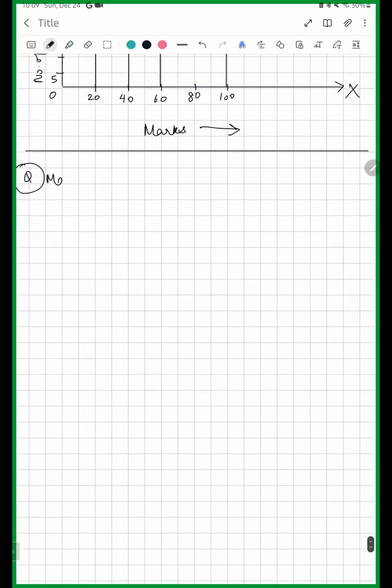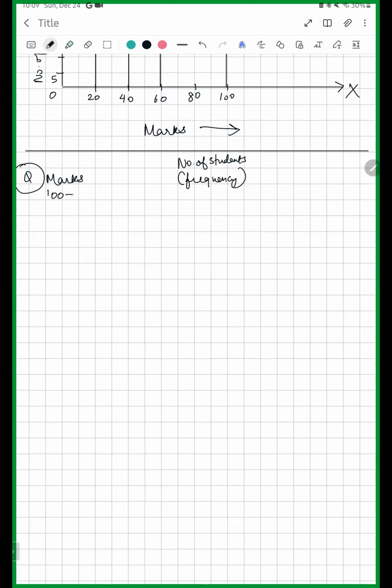Marks, number of students, which is basically the frequency. This is what is known as the frequency. So please note this down.